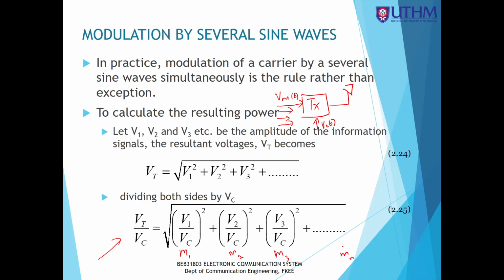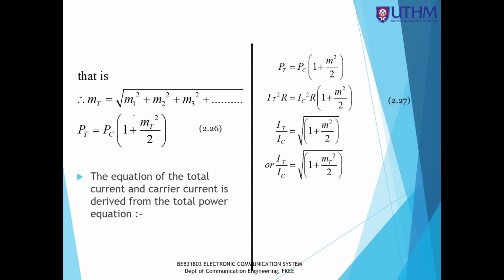You see that we get the square root of M1 square plus M2 square plus M3 square until Mn square. So we get the total modulation index.